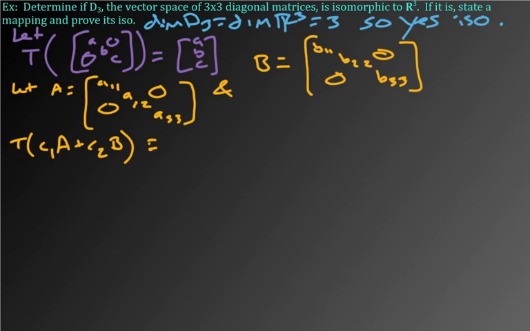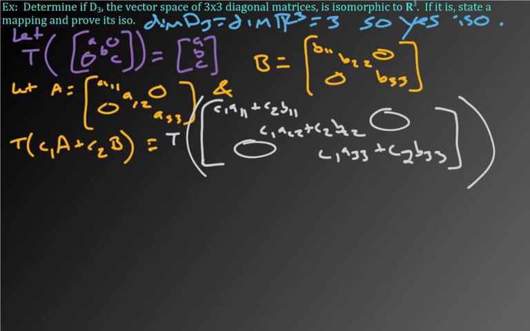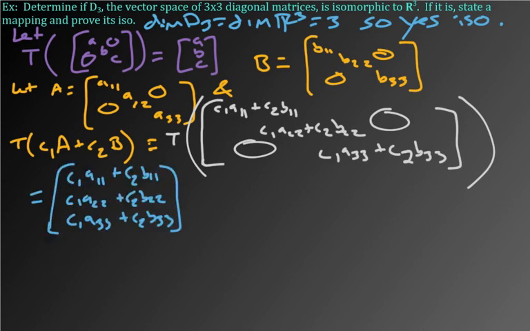If I just put all this stuff in, you're going to do C1 times all this, C2 times this, and then you're going to add them, right? So you'll get this. That's just adding these two things together. You've just got zeros elsewhere there in the corners. Then the transformation, based on this map up here, says that we're going to go to the column vector given by this. And now you can just utilize what we know with Rn, where we can start splitting things up.